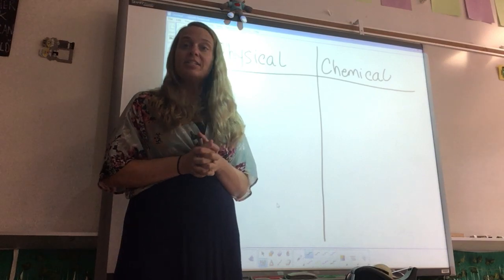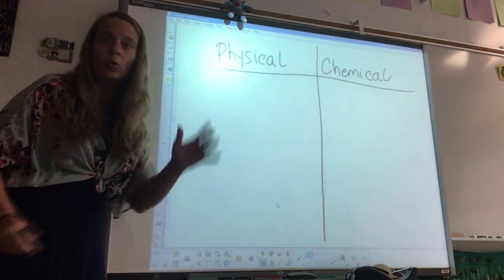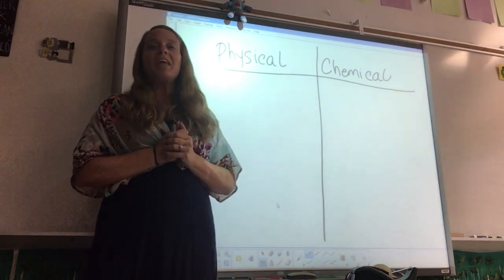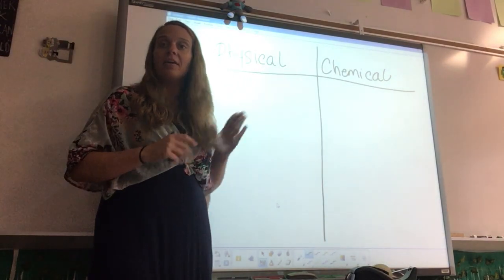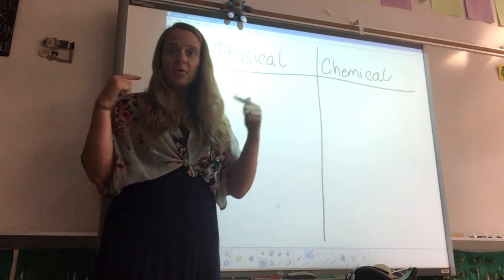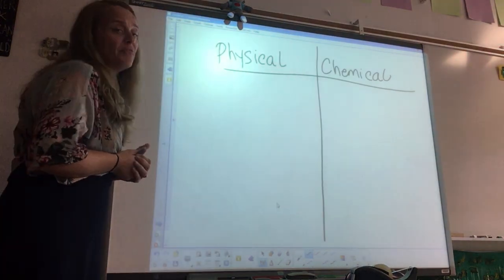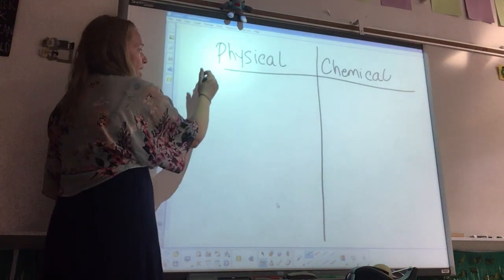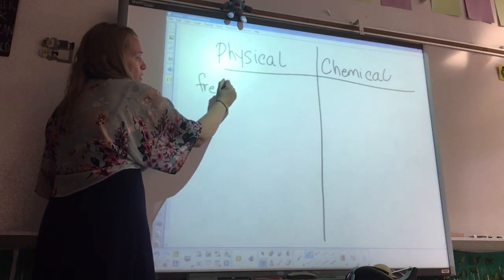All right, so some examples of physical. This is normally when I would ask the audience, the class, what they would like me to write up here. And everybody's brains are thinking, so feel free to think of your own as well. All right, so physical. Anything in the water cycle, of course, I do believe we wrote that. So freezing of water, for example.